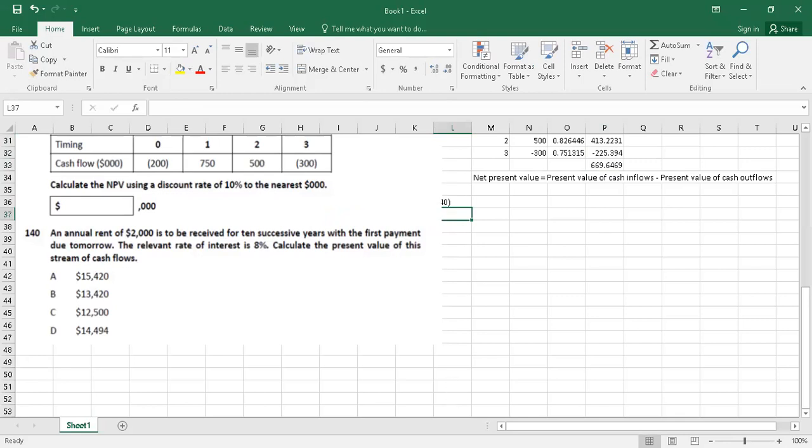The cash flows are for 10 long years starting from today, or rather tomorrow. Then we have to find out the present value.